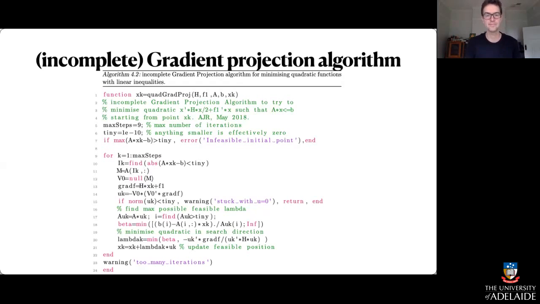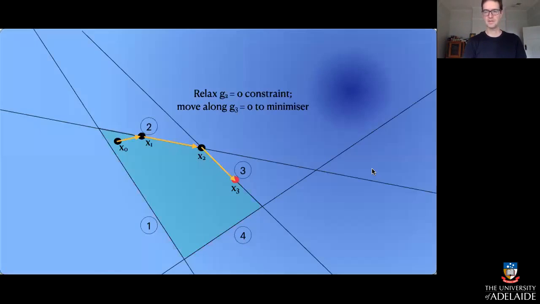MATLAB has clever, built-in ways of finding null spaces because it's a common thing. Note again the issue of what happens when u is equal to 0. We don't check that u is equal to 0; we check that u is smaller than some small number. But here, this terminates the algorithm at this point. We'll need to fix that up later. But for now, that's the gradient projection algorithm.